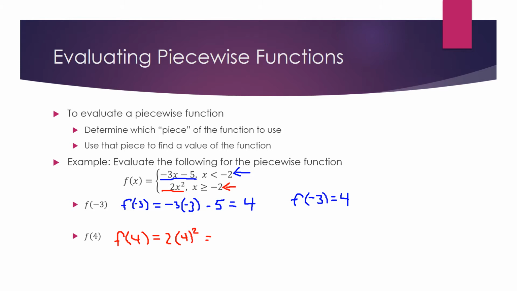When evaluating that, I square 4 first, which is 16, and then multiply it by 2 to give me 32. So, for this function, f of 4 is equal to 32.